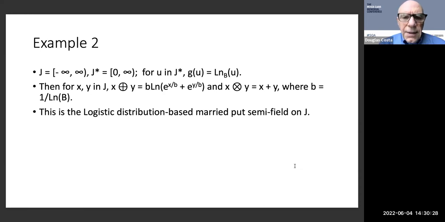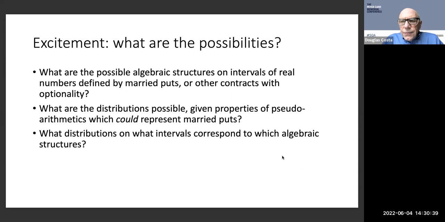So this is the logistic distribution based married put semi-field. So this corresponds exactly to computing married puts under the logistic distribution. So when Peter discovered these things, he was super excited. He was seeing connections between option pricing and algebraic structures, and he raised these questions.